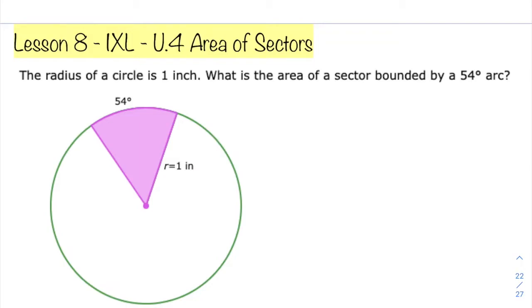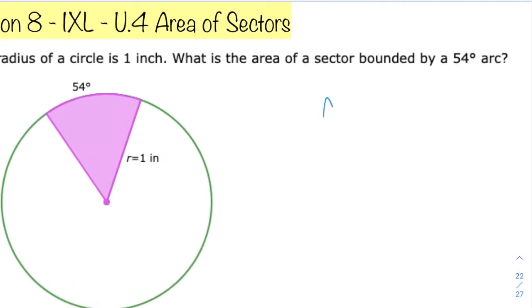Just like we did before with area, remember our area formula: area of a circle is equal to pi r squared.